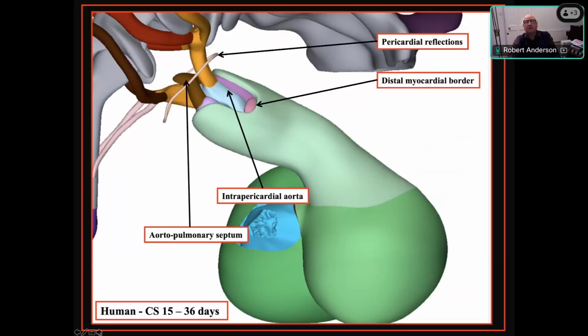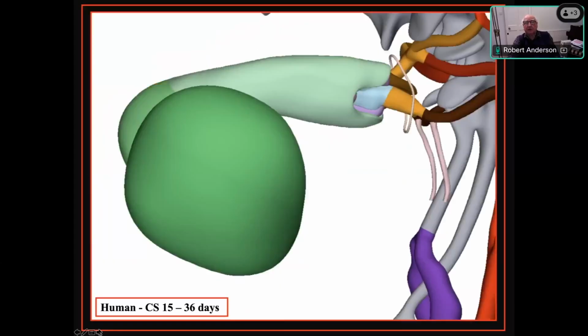This is what it looks like as we see it from the right side. We can take this same reconstruction and rotate it round so that you can look at it from the left side. Again, you see the level of the pericardial reflections.